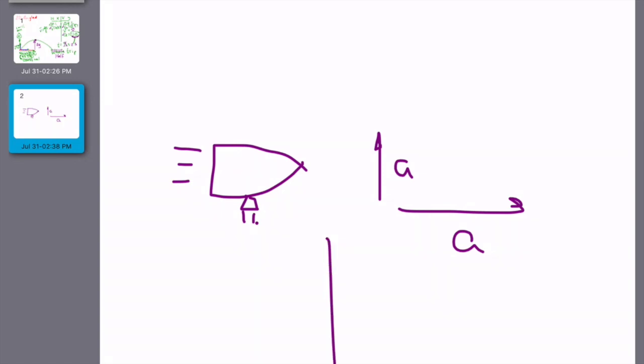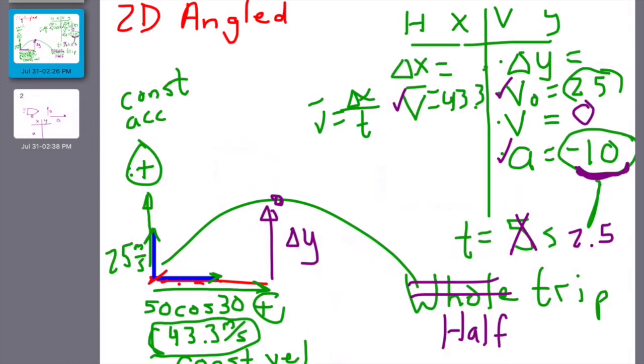So I would still break it up into x and y, but now the x would have an acceleration. But you can always separate these things out into perpendicular problems. But be very, very careful about making sure you get the right variables for each dimension, and it's no harder than a one-dimensional problem.